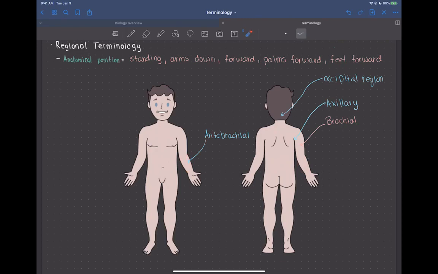And then we have a word that kind of goes with it, which is antecubital. All right, and so that is actually going to be this little crease of your elbow, right? So antecubital is just the crease of your elbow. So it's only on the front, right? It doesn't wrap around the back for this one. So antecubital is the crease on the front of your elbow.